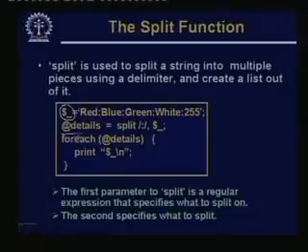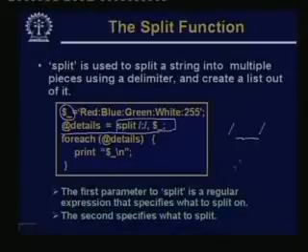Let us look at the next statement. The right hand side uses split. Split is the function followed by a slash. After the slash you have the delimiter, in this case a colon, and again a slash. So between the two slashes you have the delimiter. This is the basic syntax.